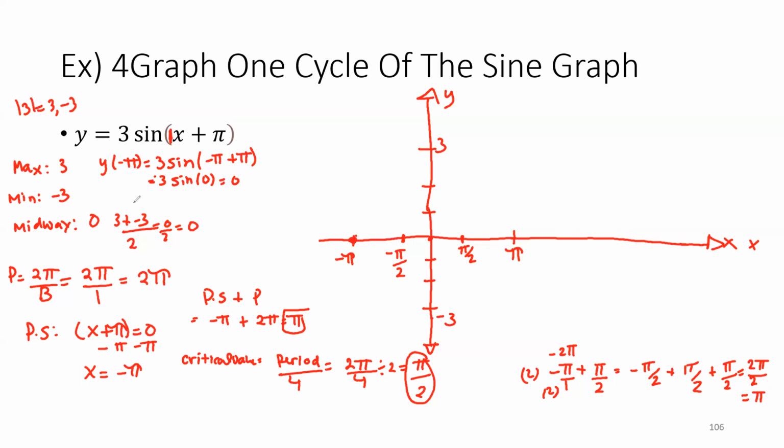And then negative pi over 2 gives 2 pi minus 1 pi, which is pi over 2. So what is the sin of pi over 2? It is 1. And then you have to times this by 3, because that's still part of the problem, which is 3.